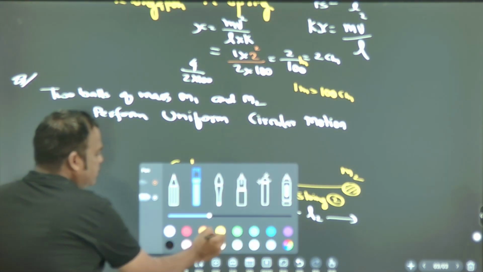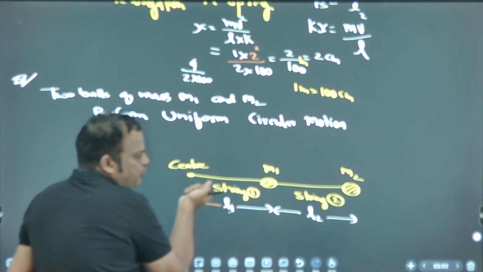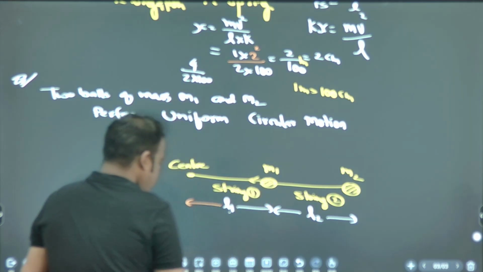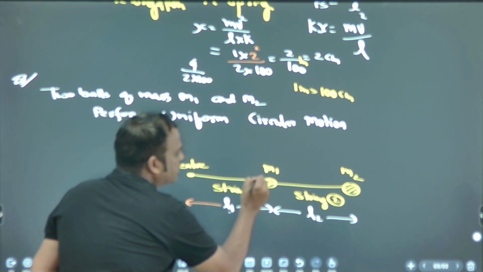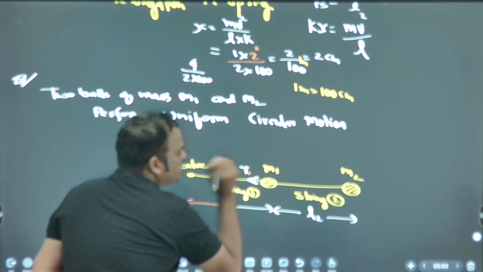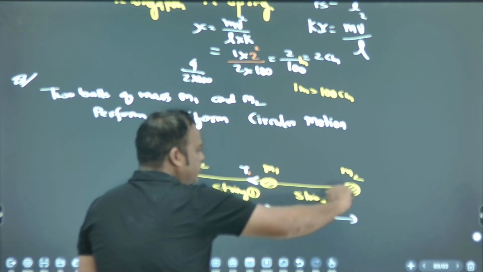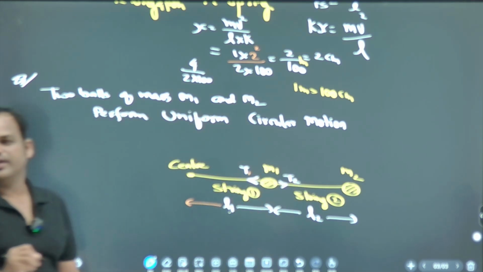Now the string is there. String always pulls. So this string will pull M1 with what force? Tension force T1. And string 2 will pull M2 with what force? Tension force T2. Are you getting?